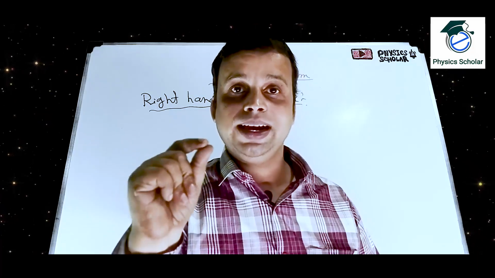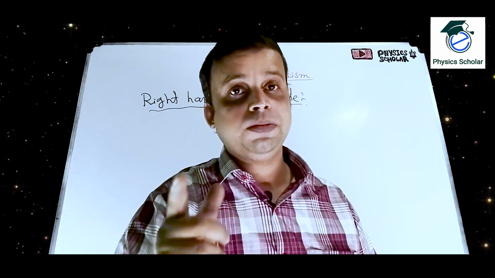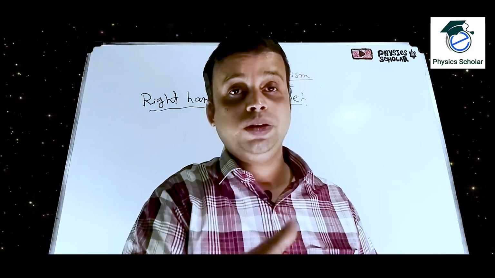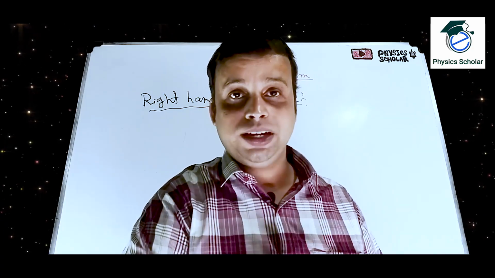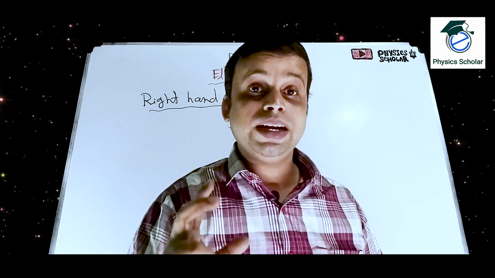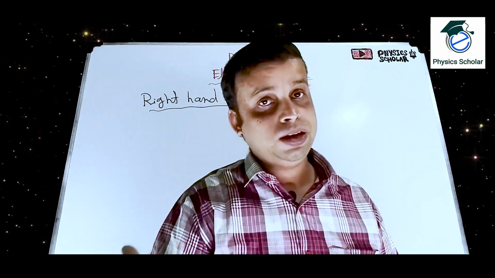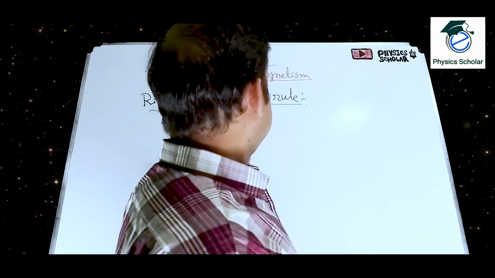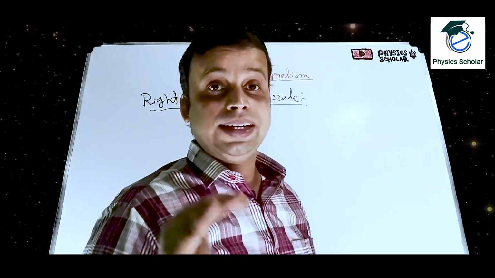From the Oersted experiment we can see the deflection. Which direction the north pole of the magnet will deflect and which direction the south pole will deflect can be determined by Ampere's swimming rule, which I discussed in the previous episode. And here the same is there, the right hand thumb rule.